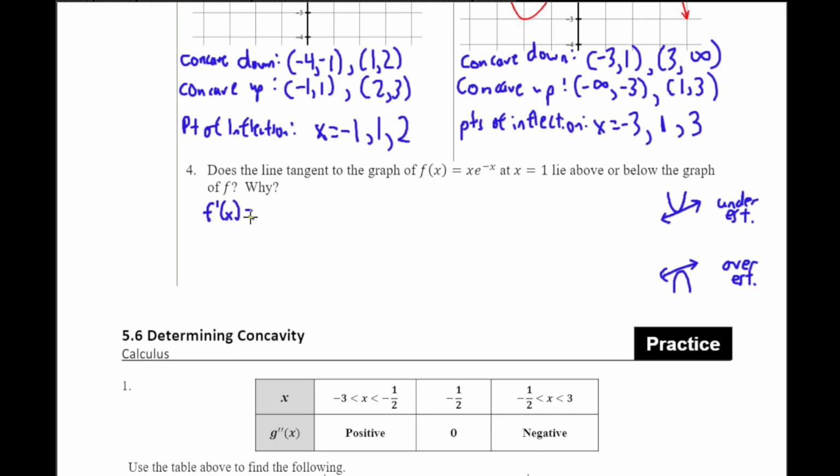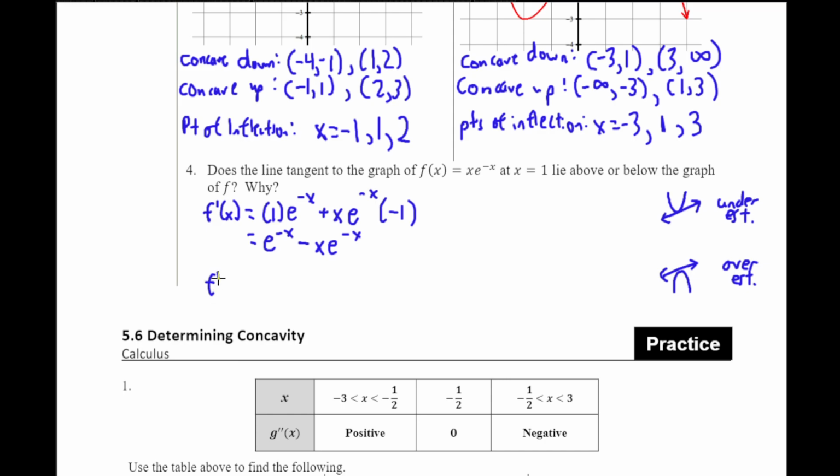F prime of x is equal to 1 times e to the negative x, this is just a product rule and chain rule question, minus x e to the negative x. So it equals e to the negative x minus x e to the negative x.